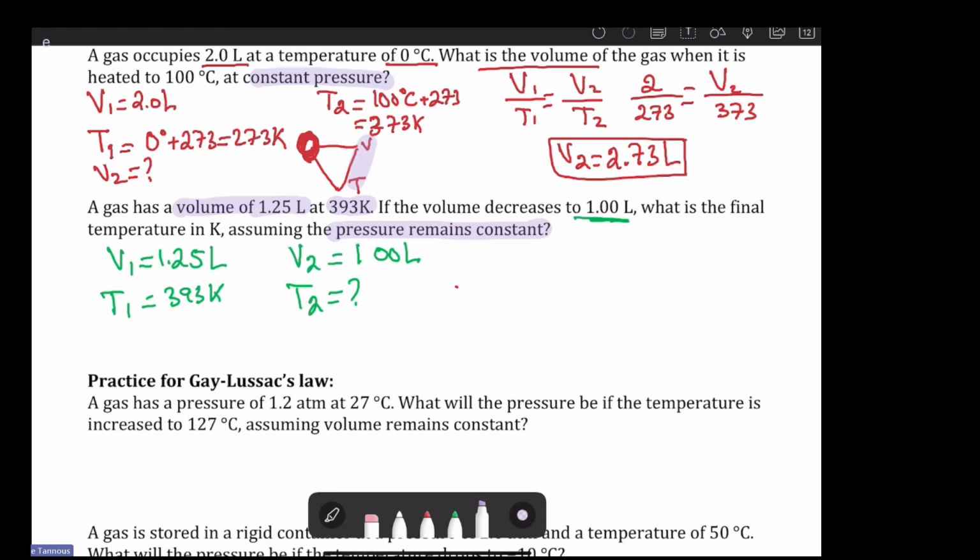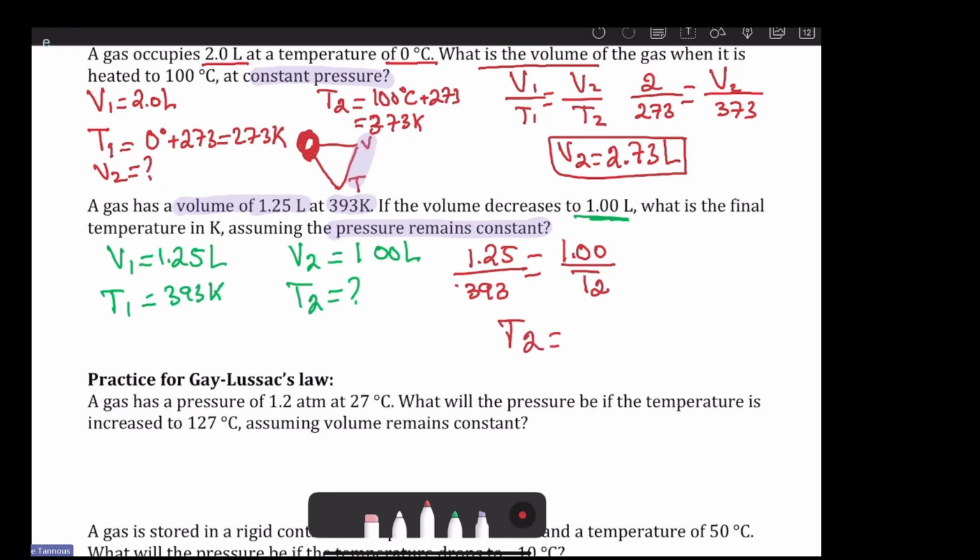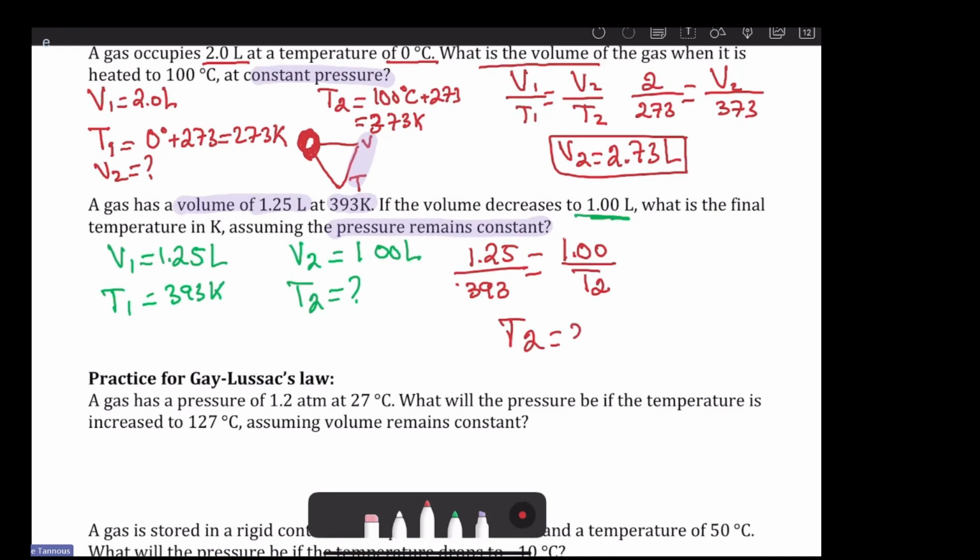So again, we are in Charles' law. So V1 over T1 equals V2 over T2. So the answer is T2 equals 314.4 Kelvin.